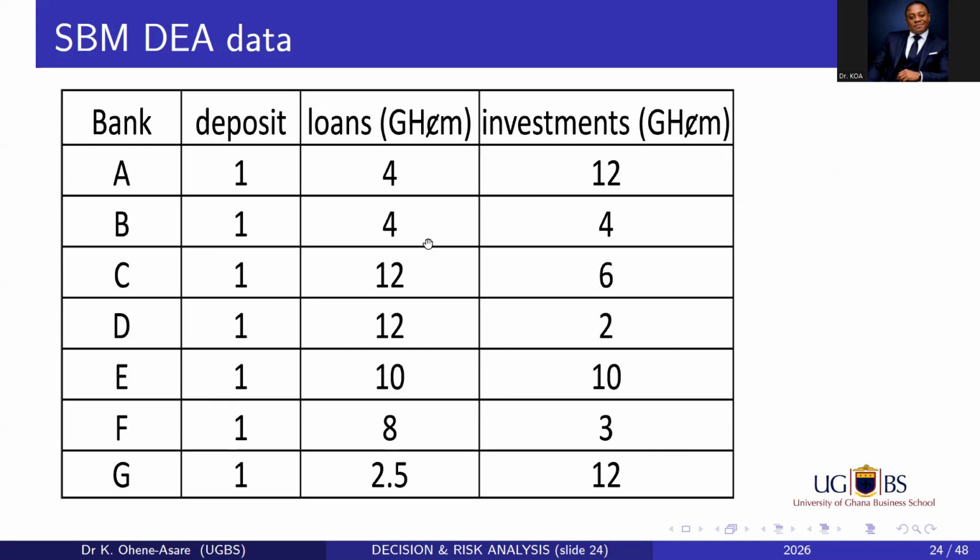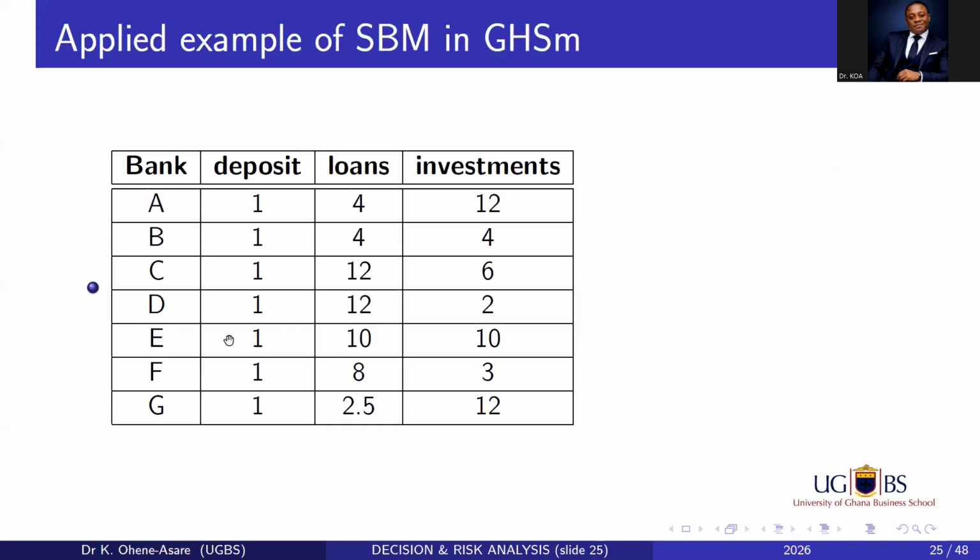Okay, so now I gave you this data set. You should plot them. Has any of you been able to plot them? Any of you? Okay. So this is a data set. Try and plot them. If you scatter plot them, you know how they will look.